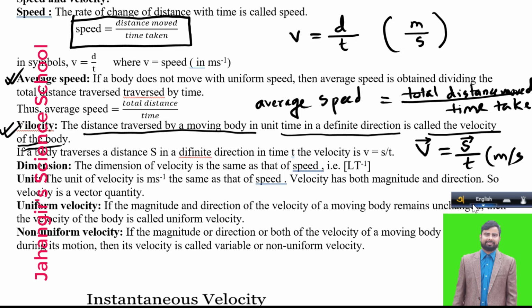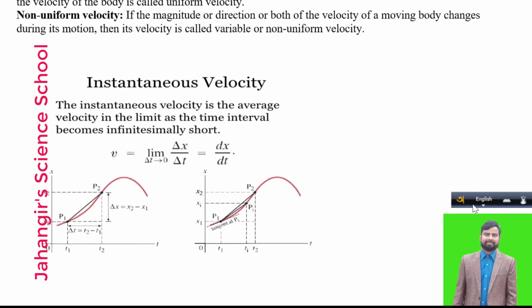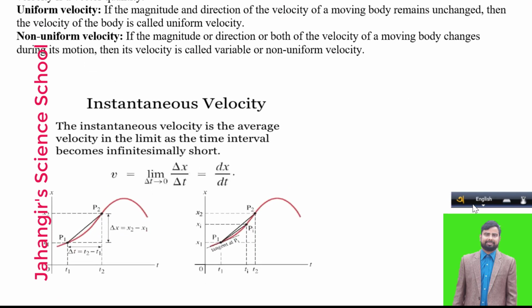There are some special types of velocity: uniform velocity and non-uniform velocity. If the magnitude and direction of the velocity of a moving body remain unchanged, then it is called uniform velocity.